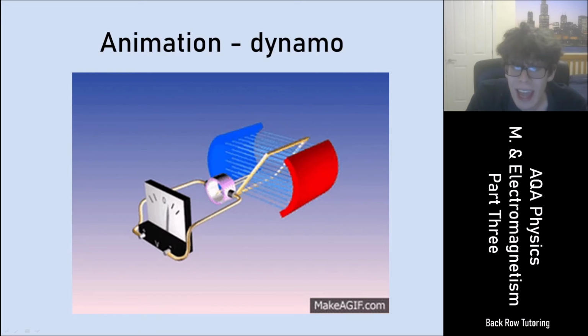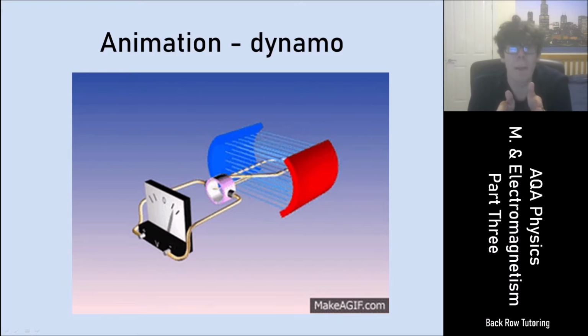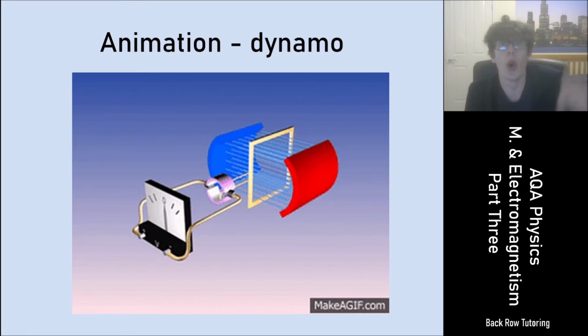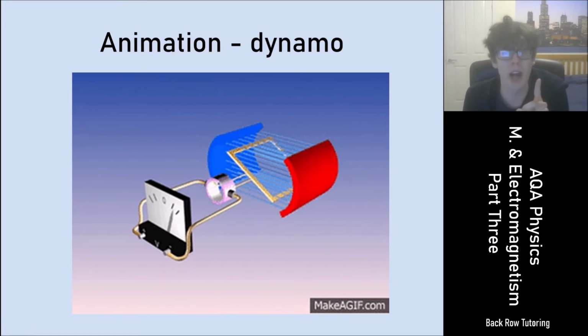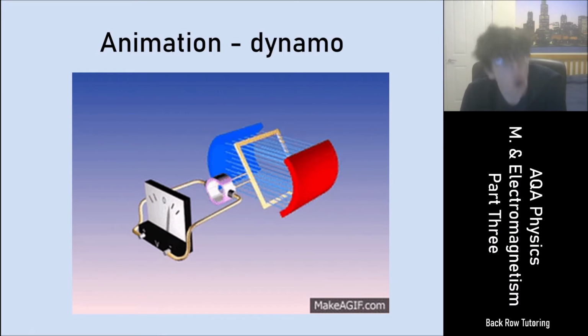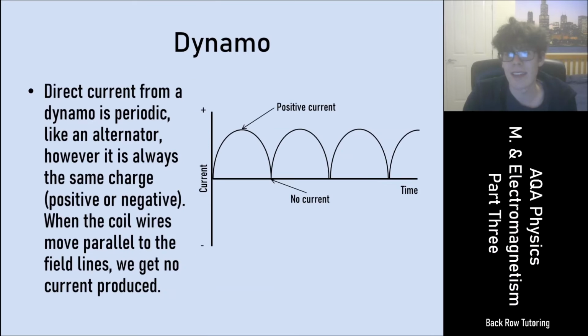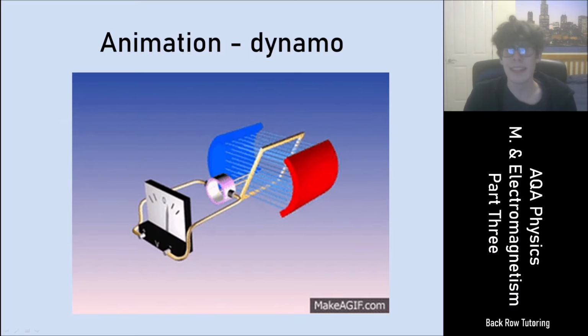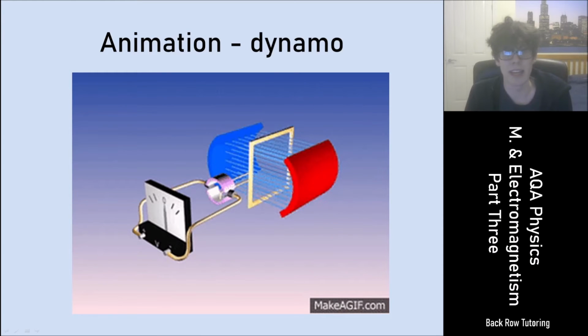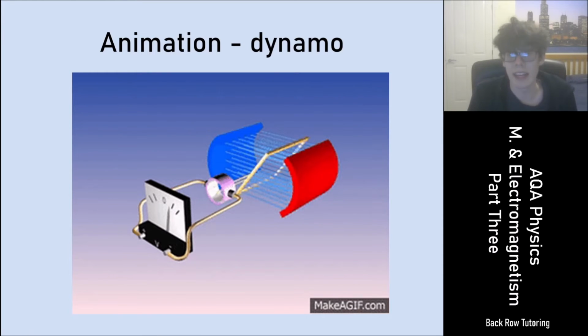So you don't get one wire and part of the coil going up and down. You get one part of the wire where the coil is always going up or always going down, and that means you get direct current like this rather than alternating current. So a dynamo uses a split ring commutator and an alternator uses rings.